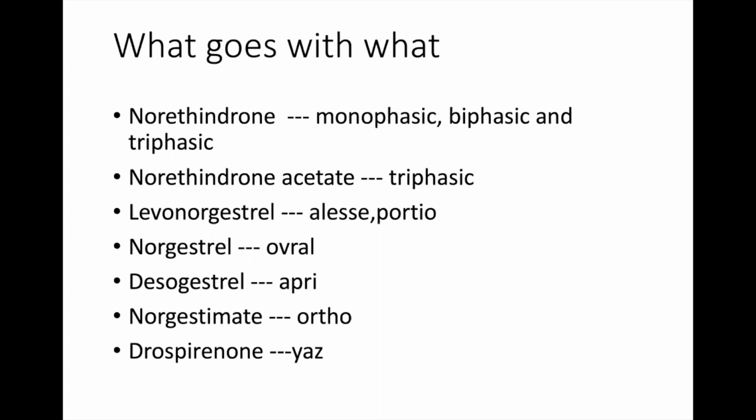For example, with some of the pills, you're going to find that when the patient is on it, she'll have spotting. Some of them will have decreased libido. Some of them will have more androgenic effects. Like Yaz and Diane, they have more androgenic effects. So you're going to find that people with PCOS or people that have high androgen or hirsutism, they're better to go with those kinds of pills.